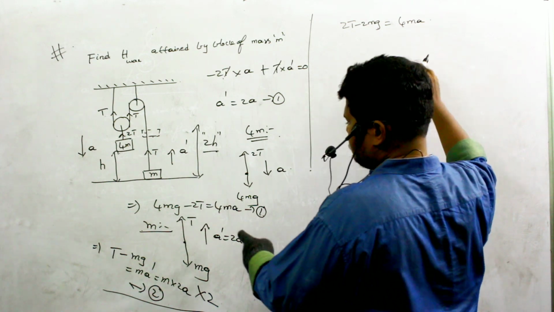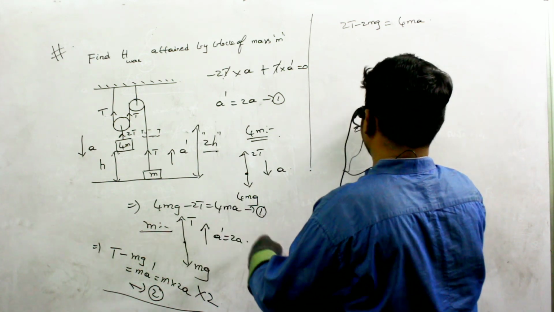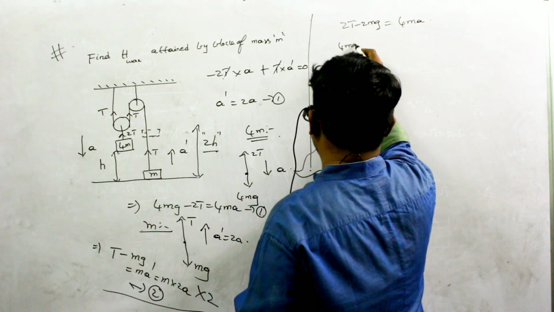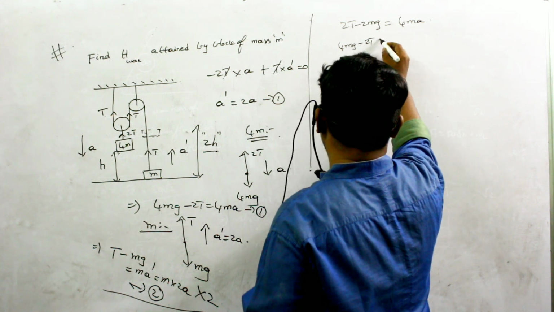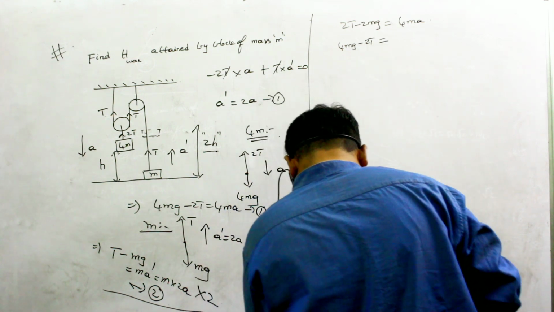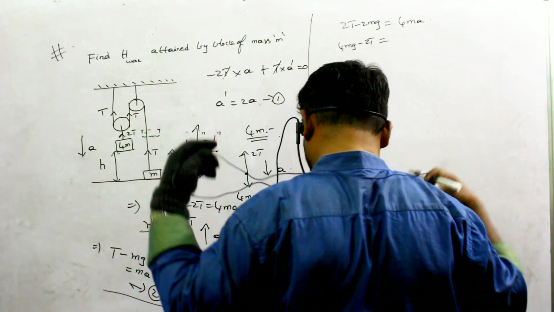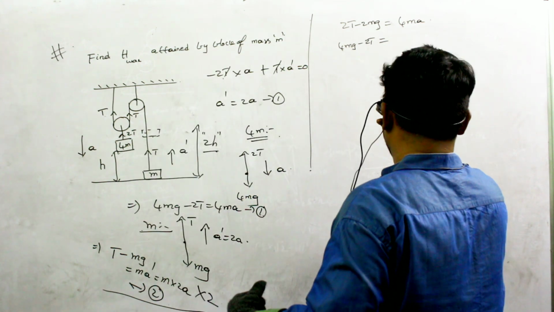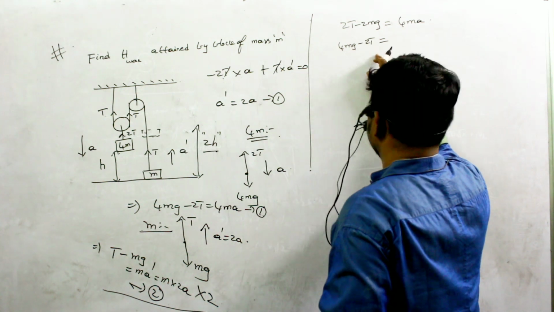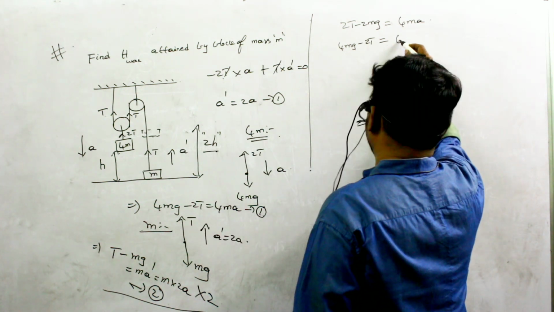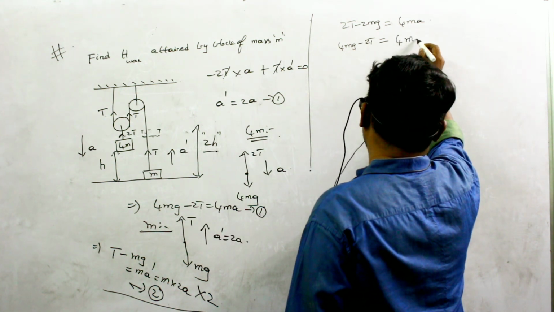Now to this equation I will add equation number 1, which is 4mg minus 2T is equal to 4mA.